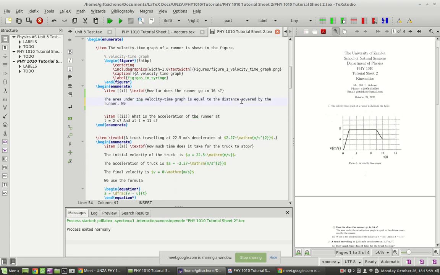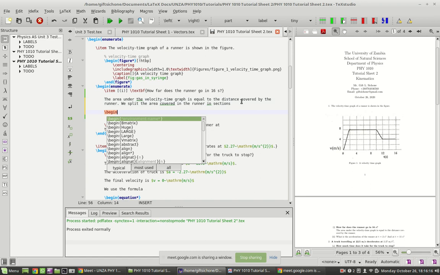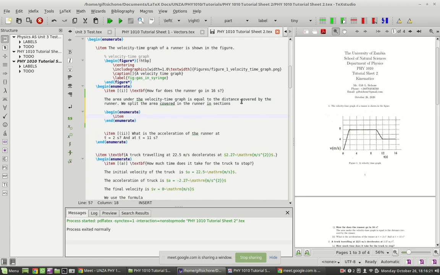So we split the area covered by the runner in sections. And how are we going to do that? So area 1.